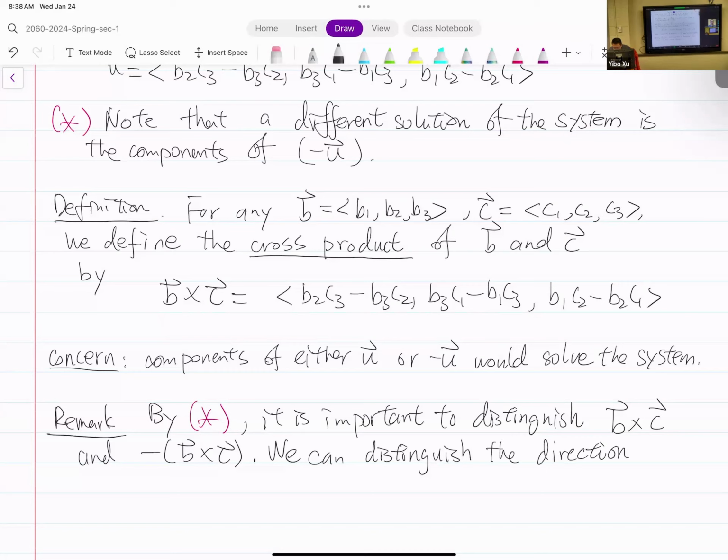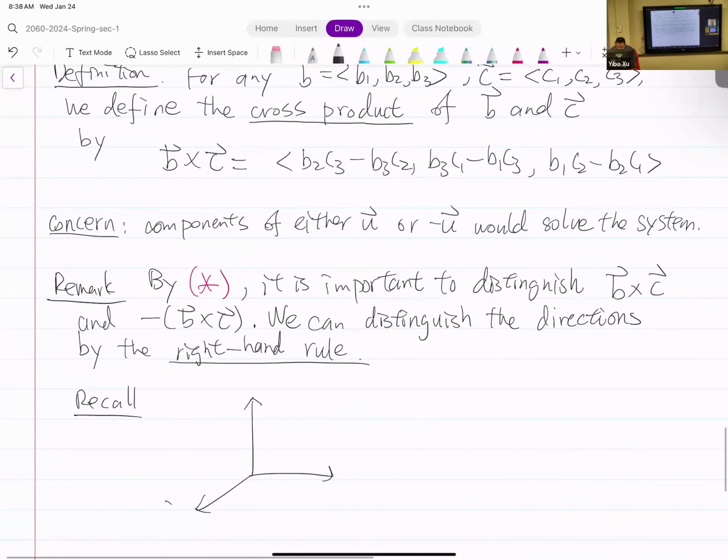We say a coordinate system, xyz, follows the right-hand rule if what? Let's look at this screen again. If you put up your right hand, the fingers go along the x direction, you bend your fingers along the y direction, and then the thumb points at the z direction. That's the right-handed system.